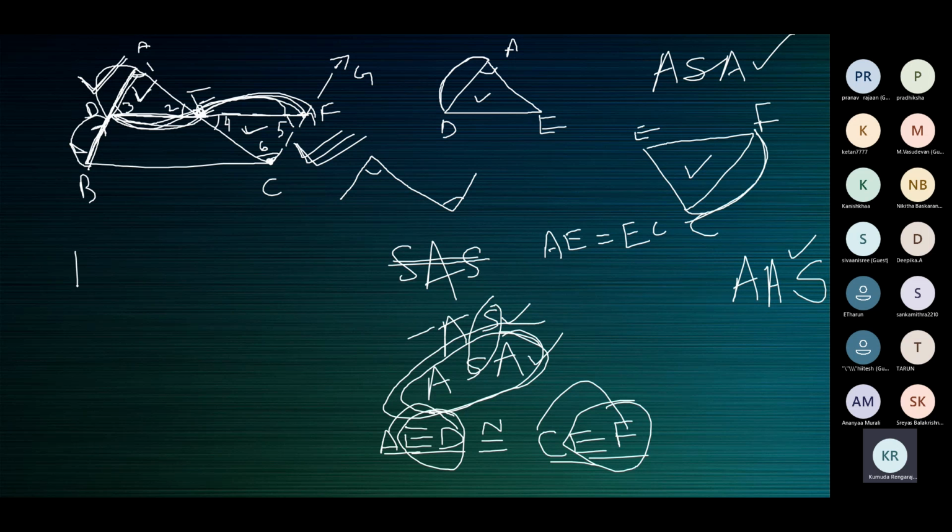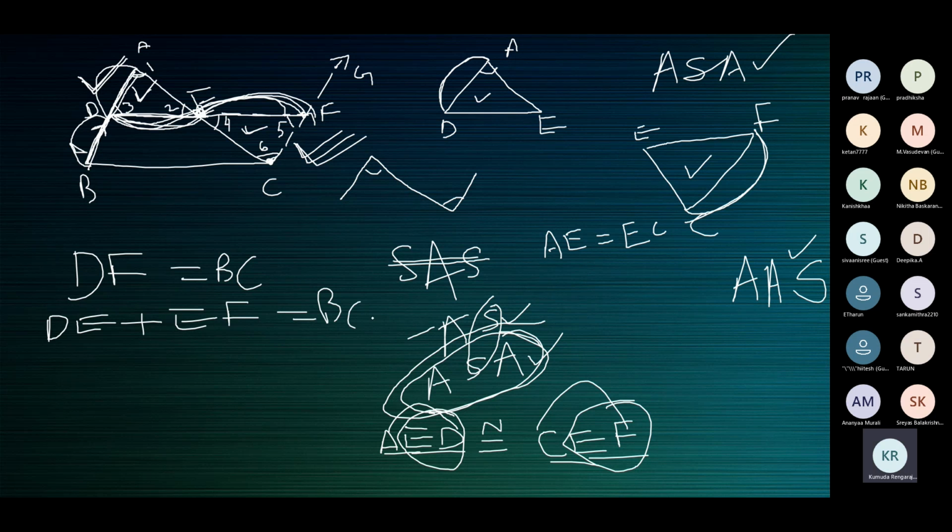So since it's a parallelogram, we know that DF is equal to BC. Now DF can be expressed as DE plus EF is equal to BC. But we know that EF is equal to DE. This EF, you can take away and write DE itself because DE is equal to EF.